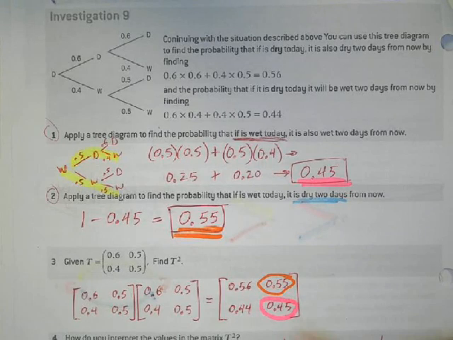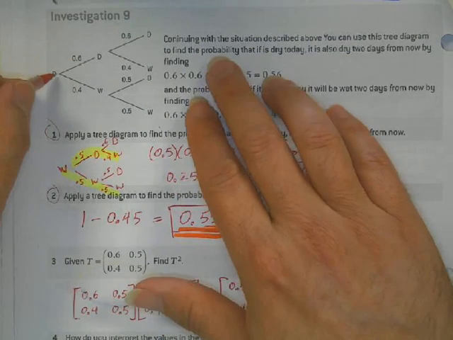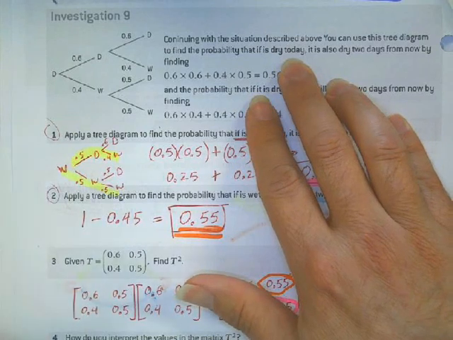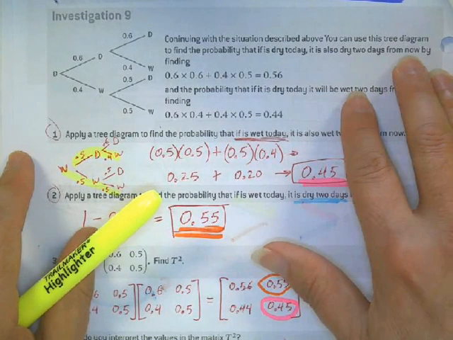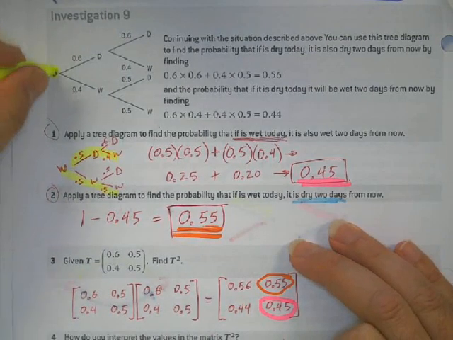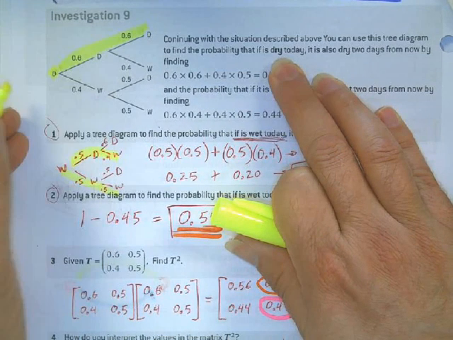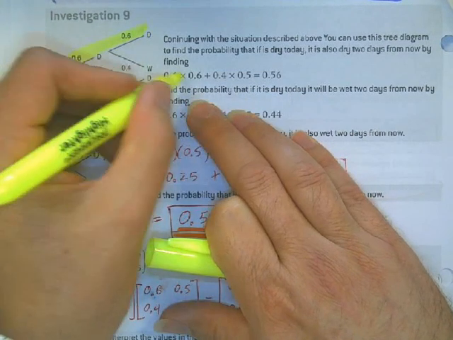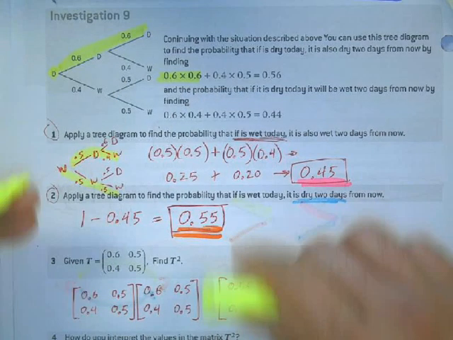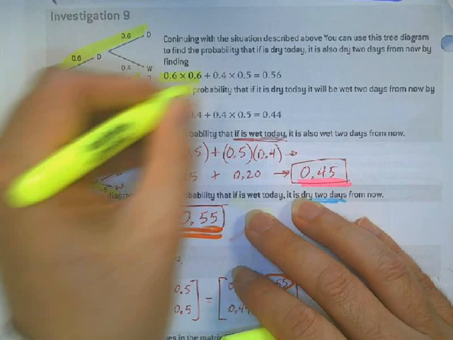Okay, Investigation 9. Here we've got a tree they put together. It says, find the probability that if it's dry, it's also going to be dry 2 days from now. So if it's dry now, to be dry 2 days from now, I'm either going to go this pathway here, which is 0.6 times 0.6, or I'm going to go this pathway here, which is 0.4 times 0.5, right?